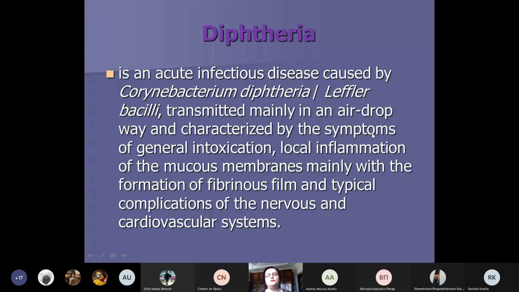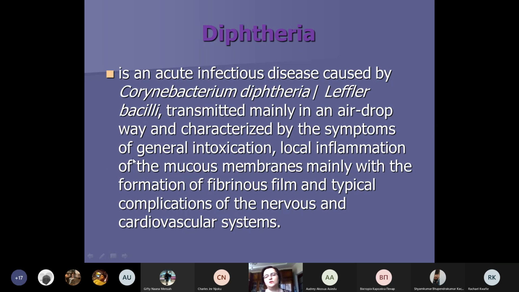It is an acute infectious disease caused by Corynebacterium diphtheriae, or Loeffler bacilli. Loeffler is the first scientist who discovered the agent of diphtheria.